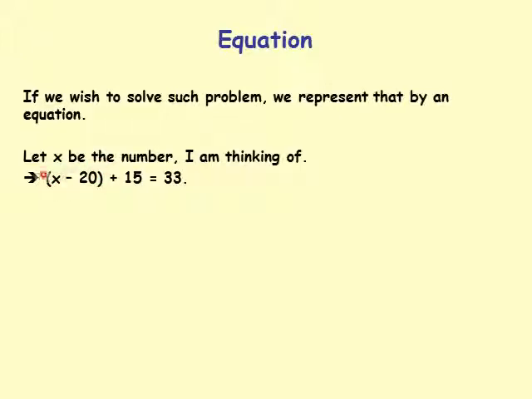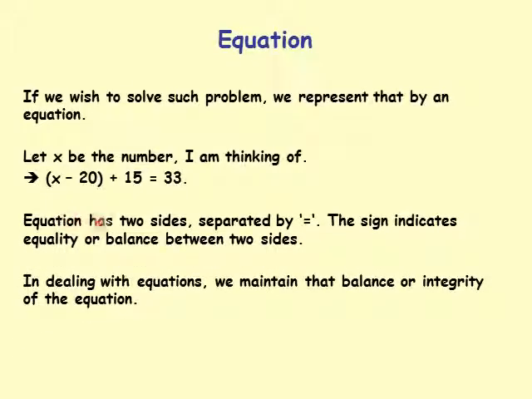I did x minus 20, and to that result we're going to add 15. So this is the equation I was thinking of. An equation has two sides separated by an equal sign. There's something on the left and something on the right. The sign indicates equality or balance between the two sides.